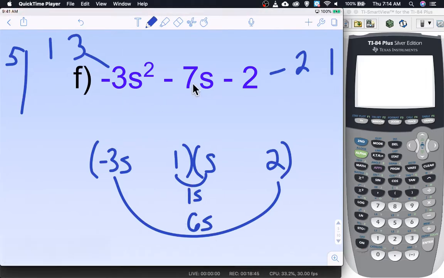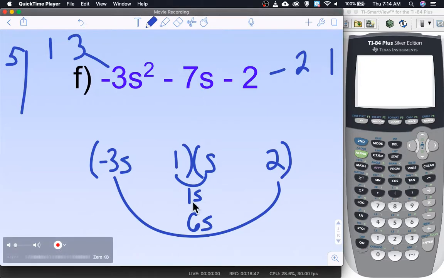So to make this a negative 7, we need both of these numbers to be negative, which means this would be a negative 1 here, but this would be a positive 2. Yes, yes, yes. Because negative 3 times positive 2 is a negative 6.